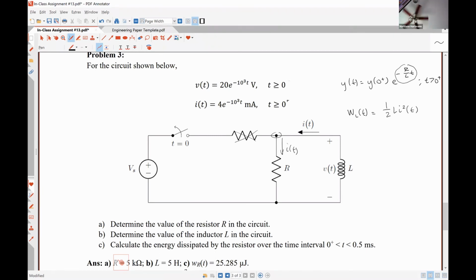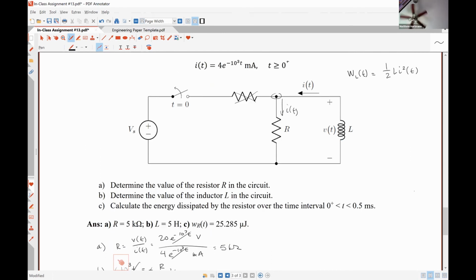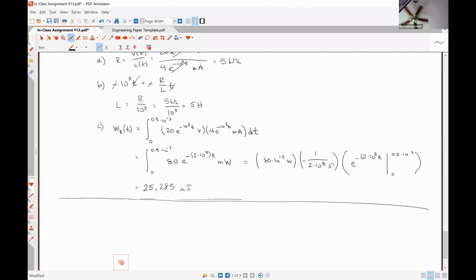Does anybody have any questions about that? So what I am suggesting is that the energy absorbed by the resistor is going to be the change in the energy seen in the inductor, because the inductor is what's supplying the resistor its energy, right?